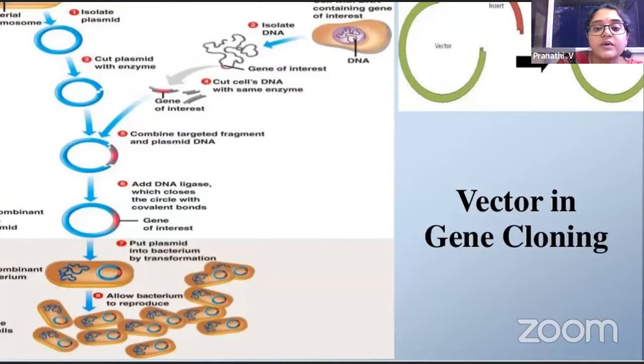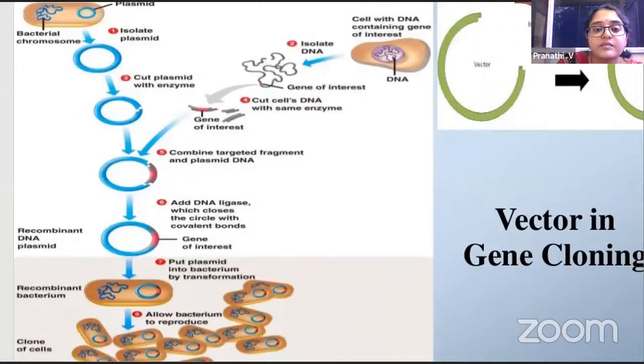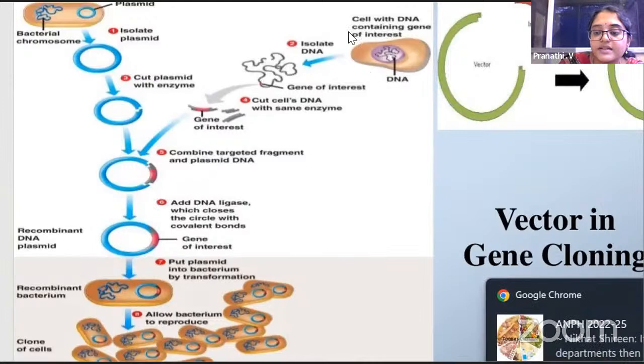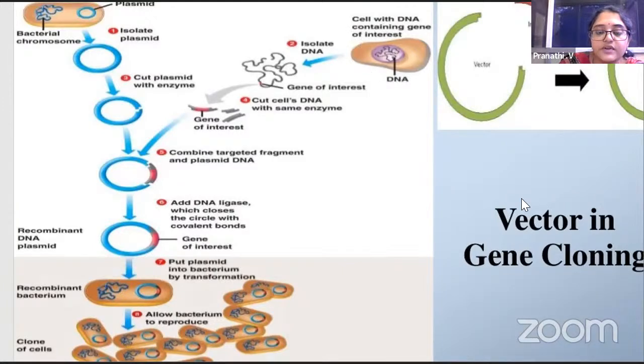So you can see over here, the plasmid is taken from the bacterial cell, and restriction endonucleases are used to cut the plasmid. Over here the cell with the DNA is there, the gene of interest is taken and cut with the same enzyme, and then this is ligated using ligases or DNA ligase.